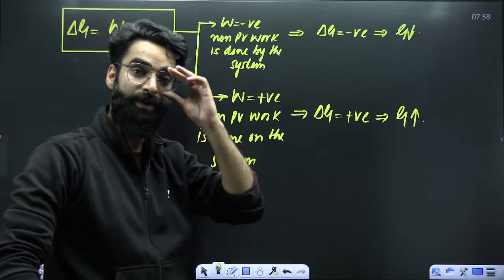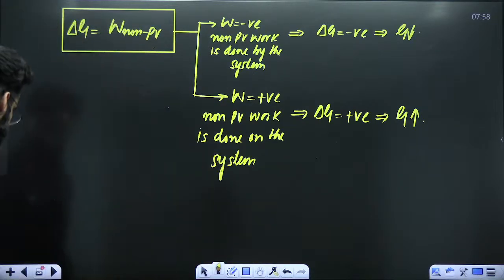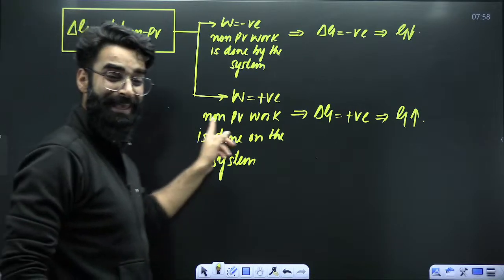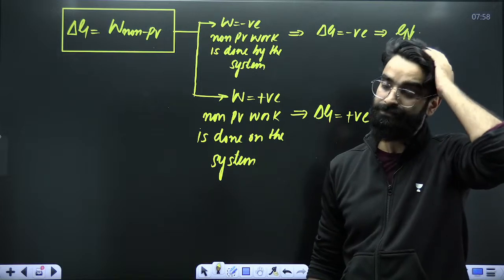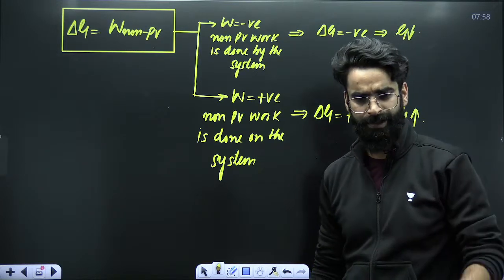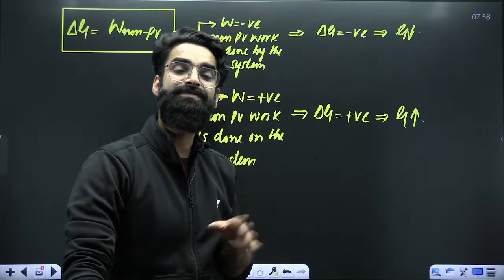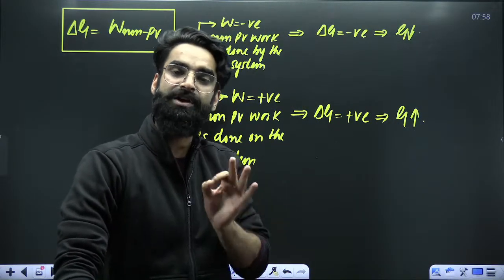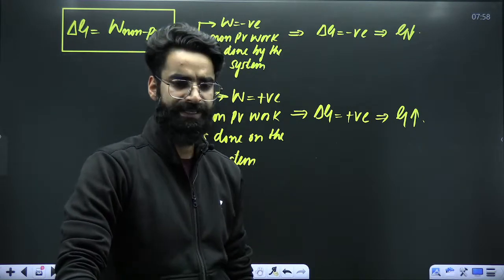I hope these are super clear to you, right? One last topic is there. First tell me, is this particular thing clear to you? What have I said till now? When non-PV work is done by the system, at that time the Gibbs free energy of the system will be decreasing, because some part of the Gibbs free energy is converted into useful work. That's the reason why Gibbs free energy decreases.